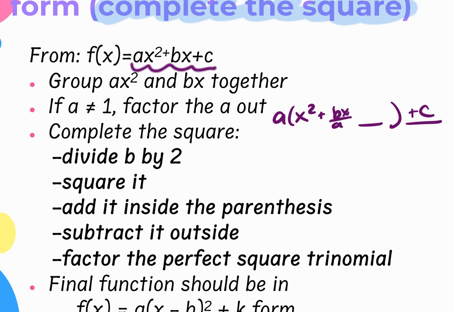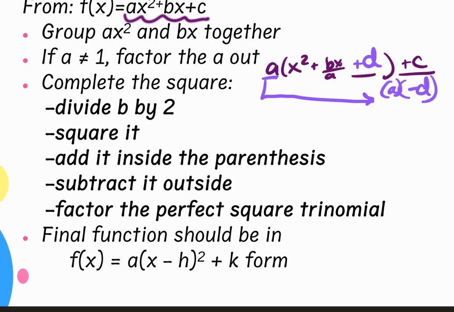Whatever I add here, let's call it d because we're adding something different, I would subtract it from here. When I do that, if there is something on the front of the parentheses, I have to multiply it by that term before I add or subtract it from the end. And that is taking care of C dividing by A, if that makes sense. If you divide everything by A in the beginning, you don't have to do this step, but we want to keep it inside the parentheses like that.